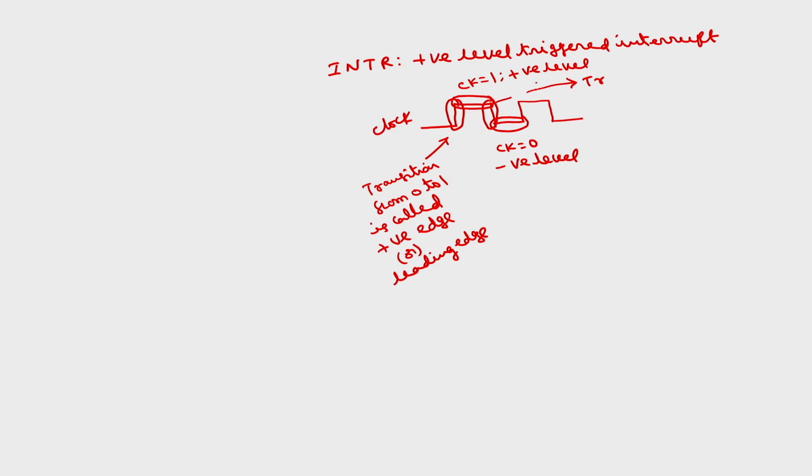So, this is the transition from 1 to 0, and it is called negative edge or falling edge, or even it is also called trailing edge.